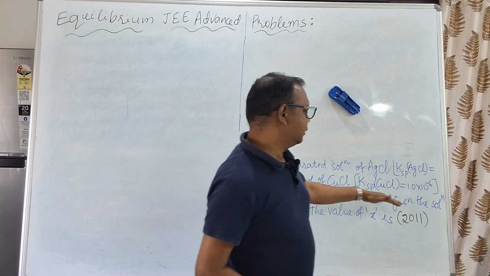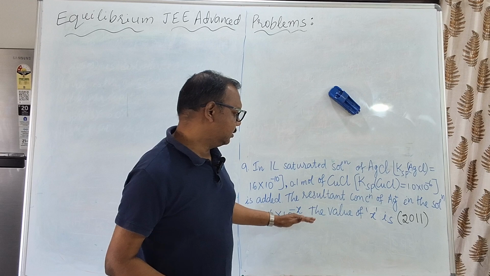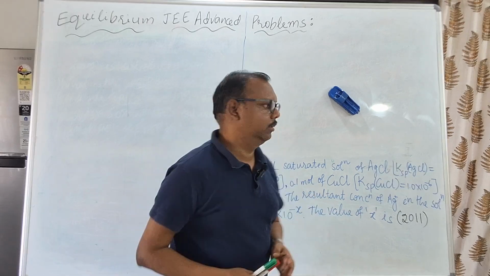The resultant concentration of Ag plus in the solution is 1.6 into 10 power minus x. The value of x is, that is the question.